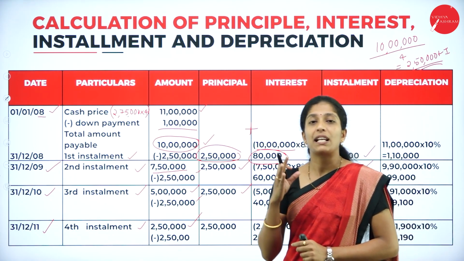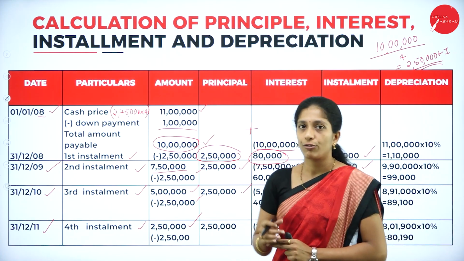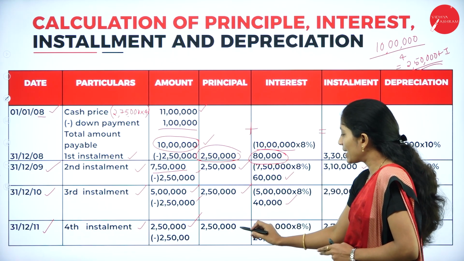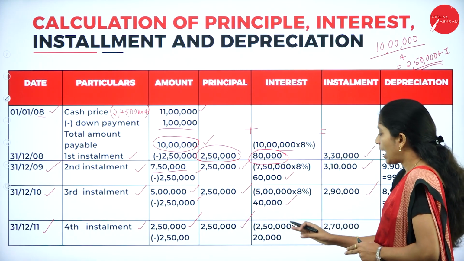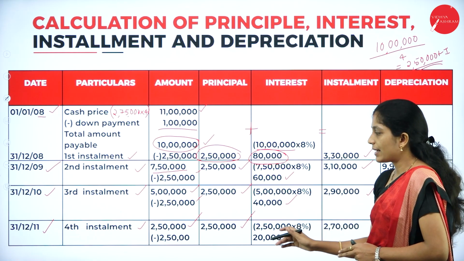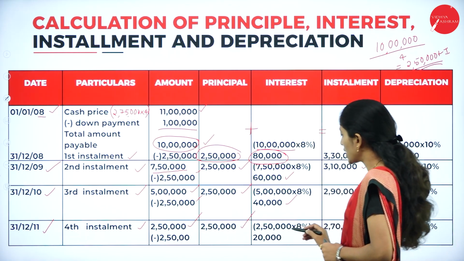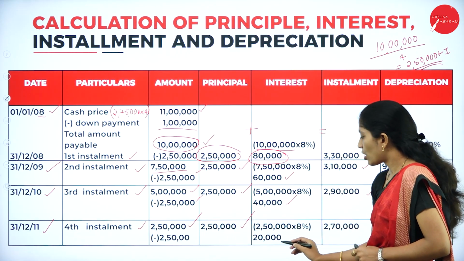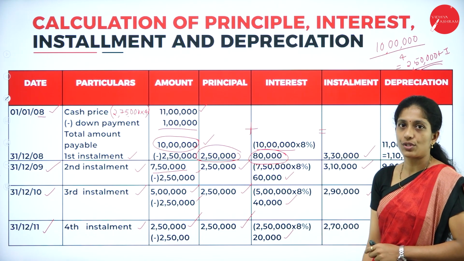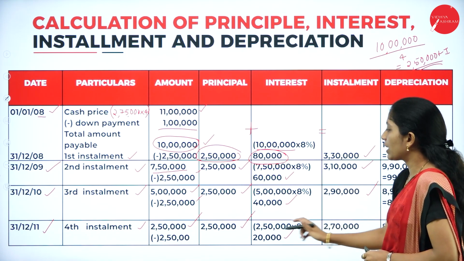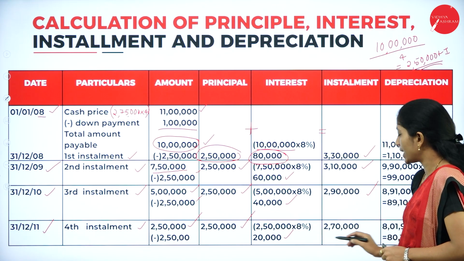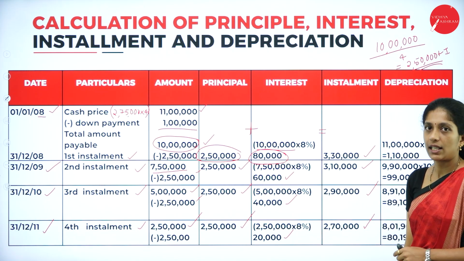So the amount payable in the fourth year is 2,50,000, and the principal remains the same, 2,50,000. How to calculate interest? The amount payable is 2,50,000 into 8%. How much will you get? 20,000. Now how to calculate the installment amount? 2,50,000 plus 20,000, so you'll get 2,70,000.